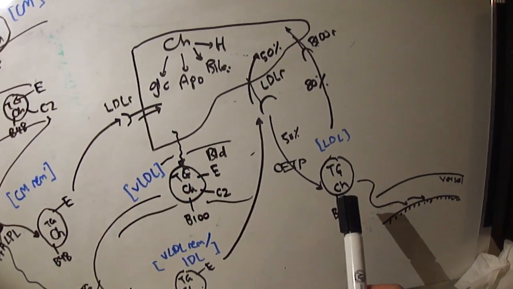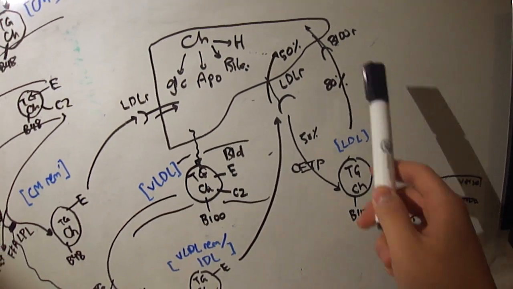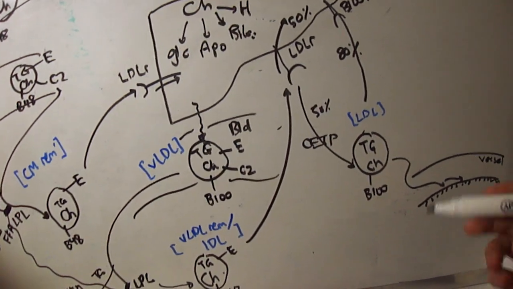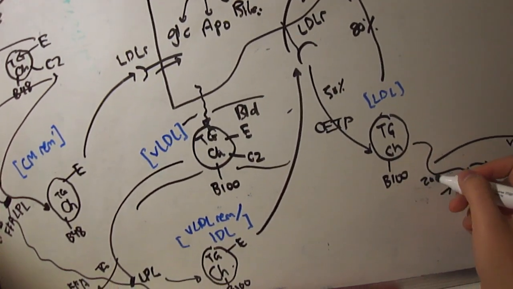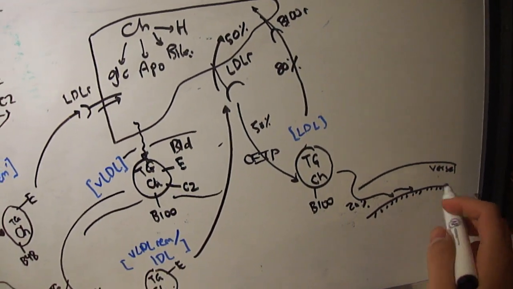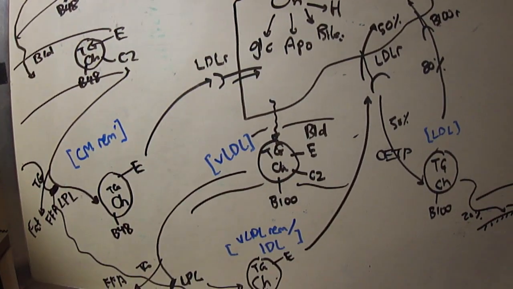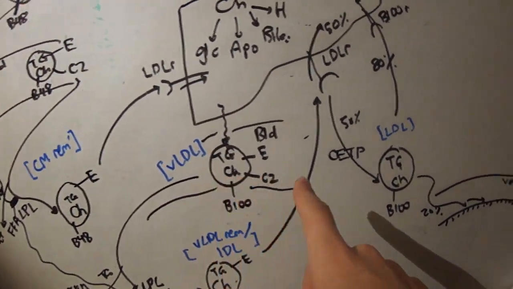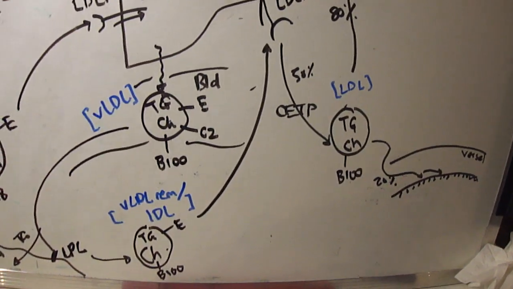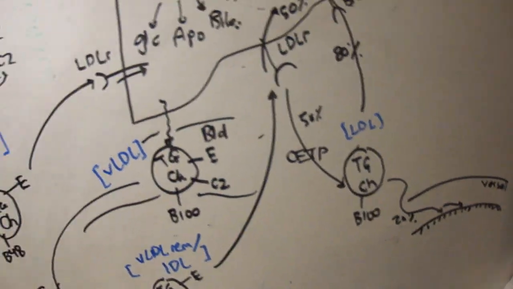Then the LDL, most of that, 80% of it, gets reabsorbed by the liver, but 20% of it goes to the periphery and gets deposited. And so the larger your initial value of LDL, the larger your 20% is when it gets deposited, and the more atherosclerotic processes you will have.